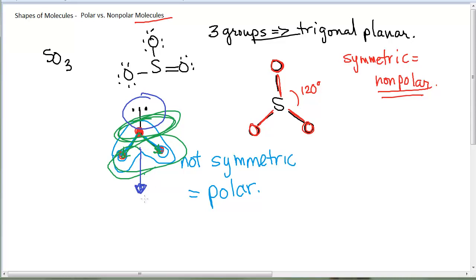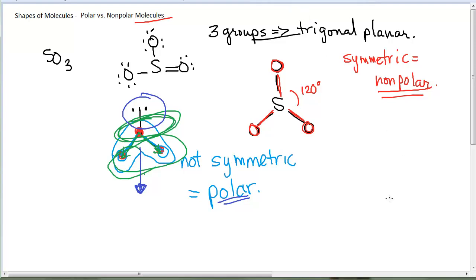The molecule will not stay stationary, therefore it is not symmetric, therefore it is a polar molecule. If I have 3 electron groups, it's a trigonal planar, but if one of the groups is a lone pair, that breaks the symmetry of the molecule and gives me a polar molecule.